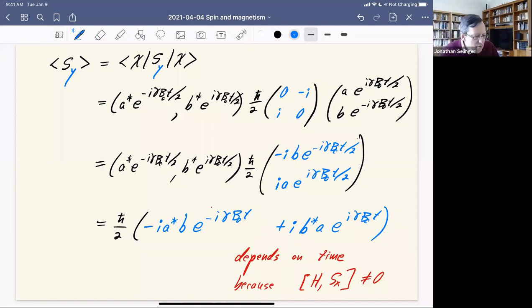Okay, so now we have these three results for the three components of the spin expectation values. Well, what do they mean?